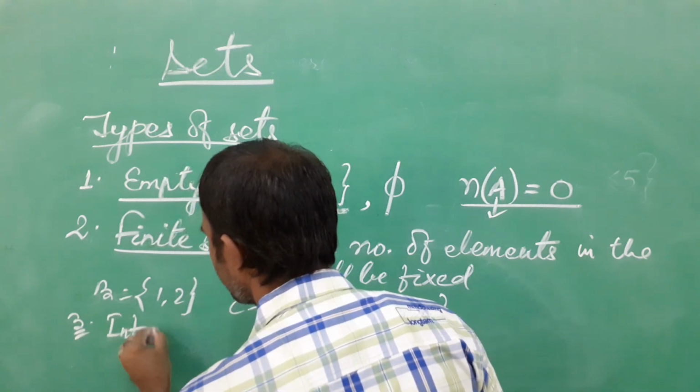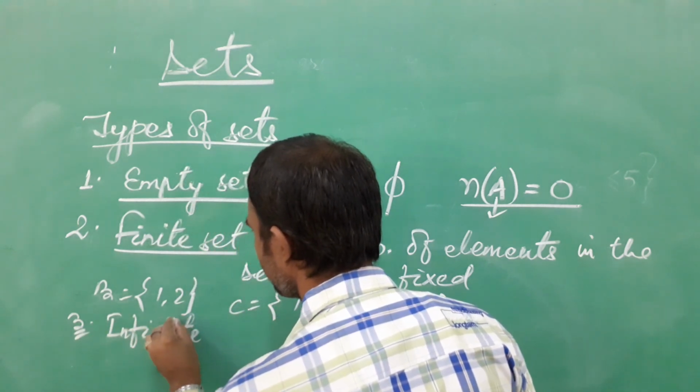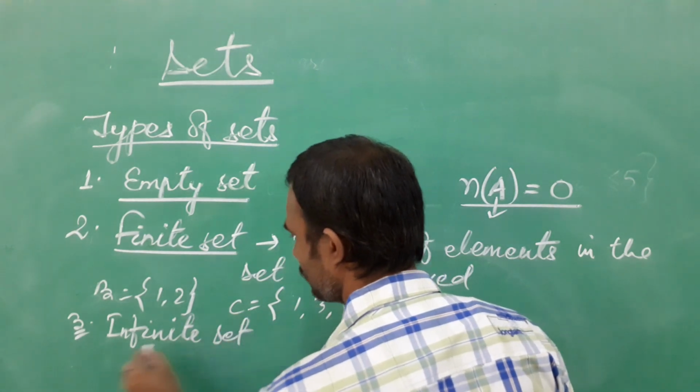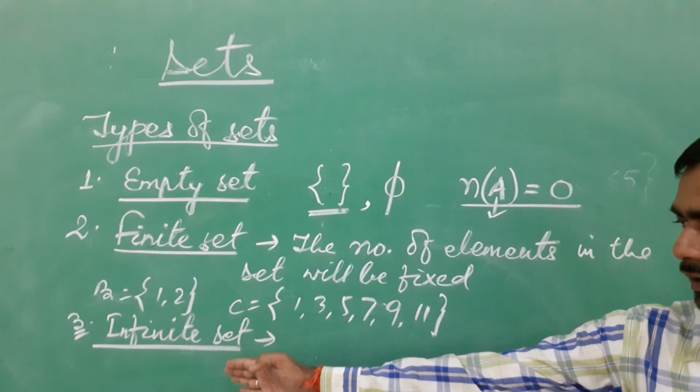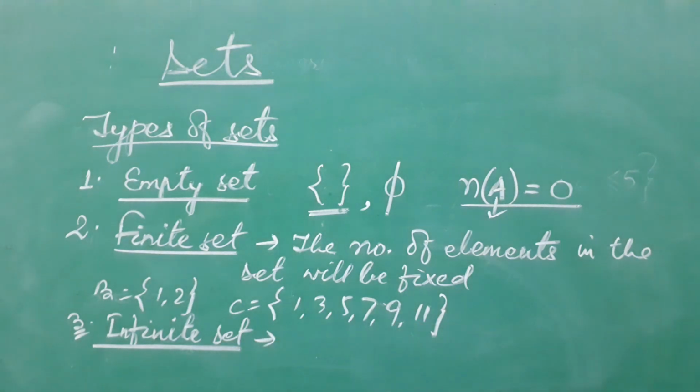Next is infinite. Now easily you can decide which set will be infinite: if the number of elements is not fixed. Infinite number of elements: the set of all natural numbers, the set of all odd numbers, the set of rational numbers, the set of all the points on a line segment.